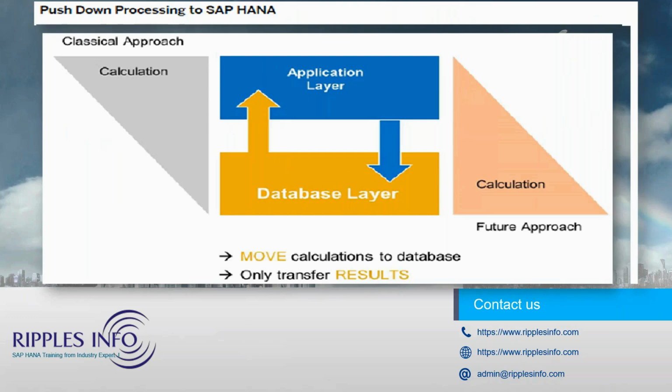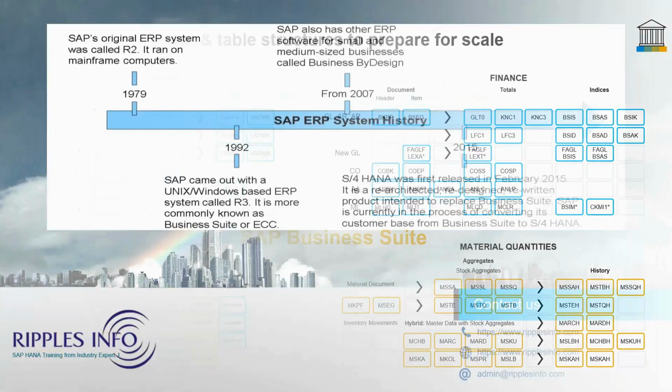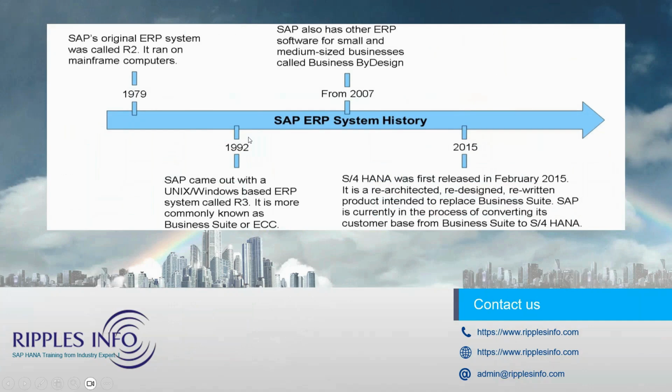But in this, they still followed the same classic three-tier architecture, as we discussed earlier, which they introduced way back in 1992. The same architecture they followed in SAP S/4HANA also.